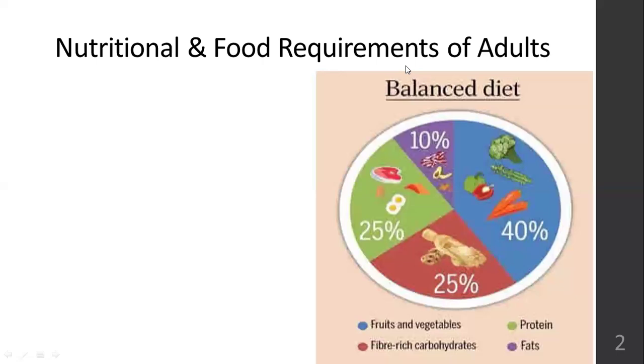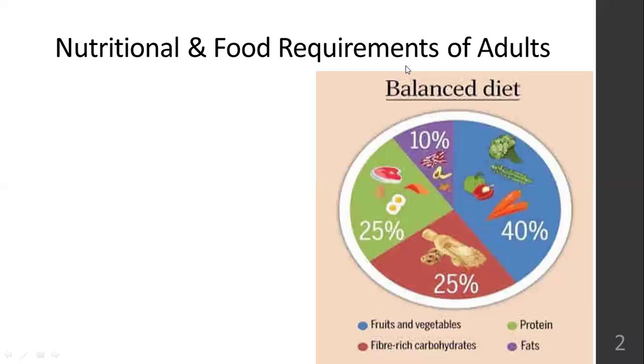Don't think that legumes and lentils, the dal, rajma, moong, only give you protein. They give you high carbohydrates as well. So the cereals and pulses and legumes all come under carbohydrates. Legumes are rich in fiber as well, so they are fiber rich carbohydrates.